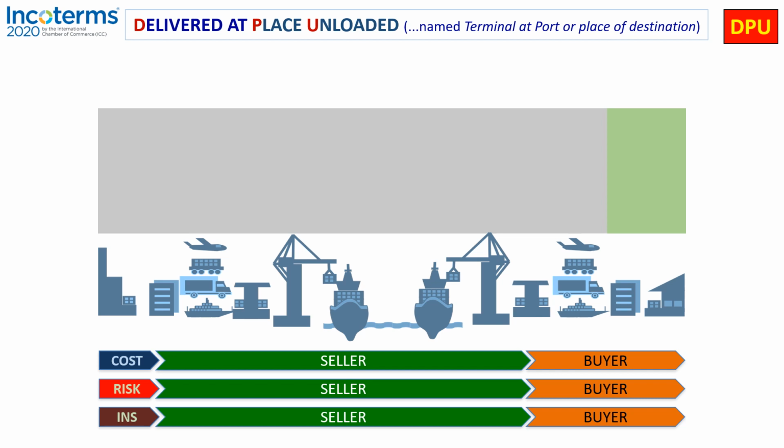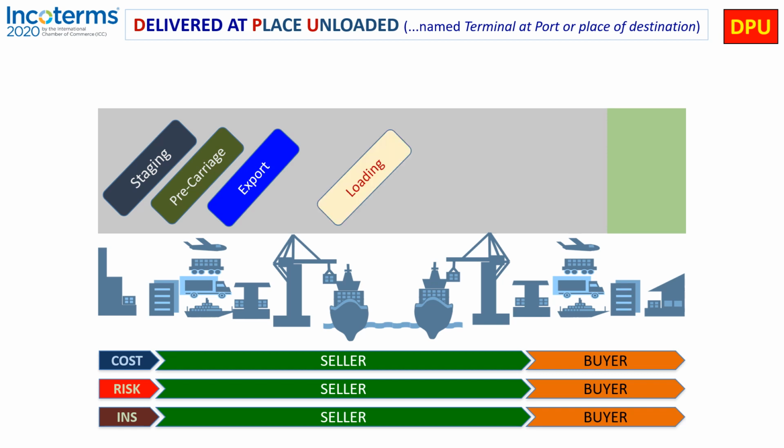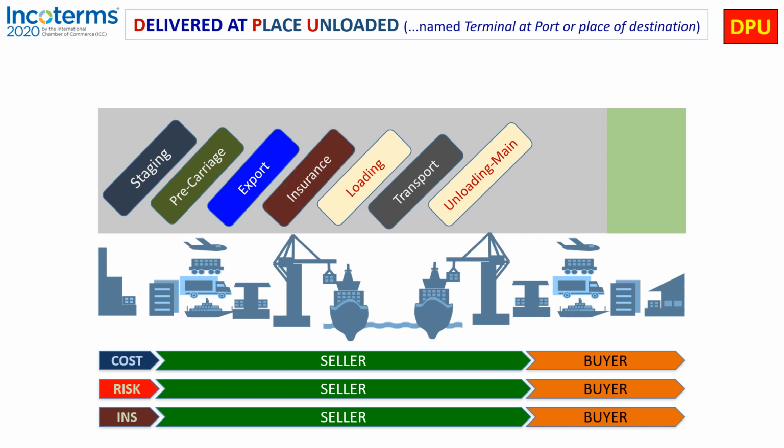So the responsibility chart is almost similar to what you saw in DAP. However, we'll see that all the usual aspects of staging, pre-carriage, export clearance, loading onto main transport, the main transport cost, main unloading becomes the responsibility of the seller.